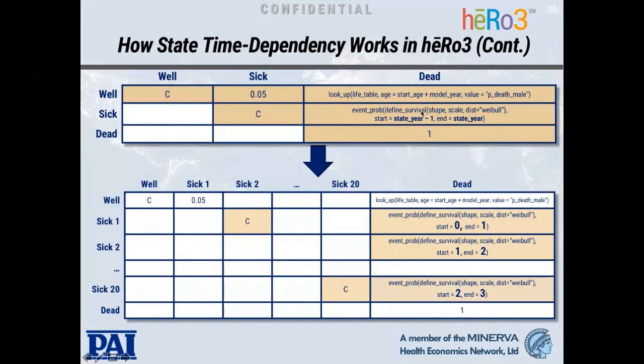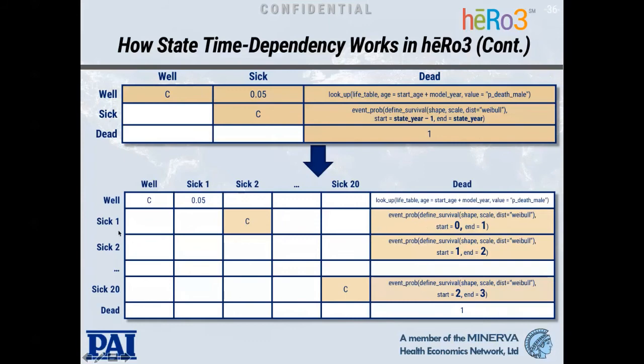The platform will detect that within the sick state there is a reference to state time, and automatically create a set of tunnel states within this transition matrix, to reflect the fact that the probability of transitioning from the sick state to the dead state depends on how long you've been in the sick state. So now we have states sick 1, sick 2, all the way out to sick 20.